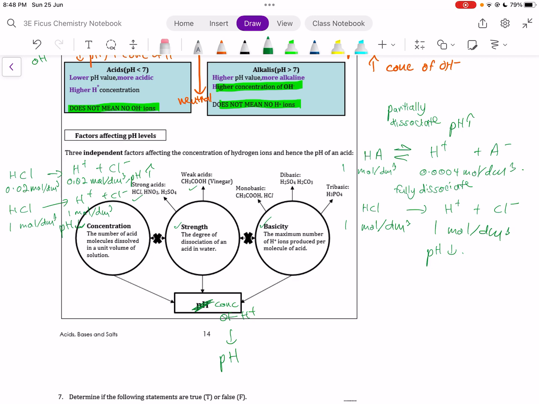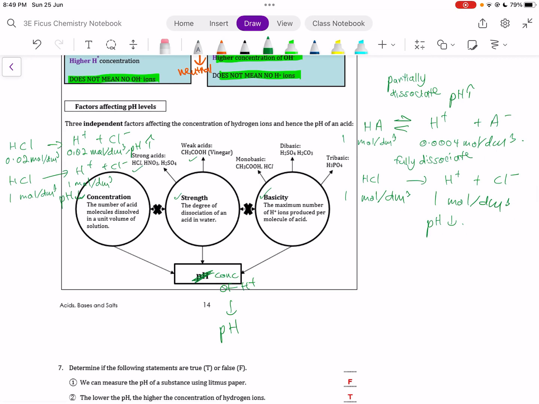Okay, next thing is basicity. Basicity works this way. Let's say you have HCl, a strong one. Monobasic in this case, that means 1 H plus dissociates per molecule of acid. Versus something that is also strong but dibasic, sulfuric acid.